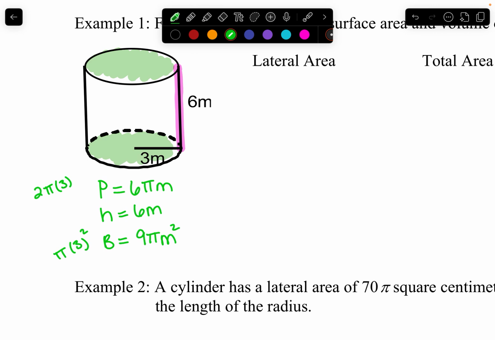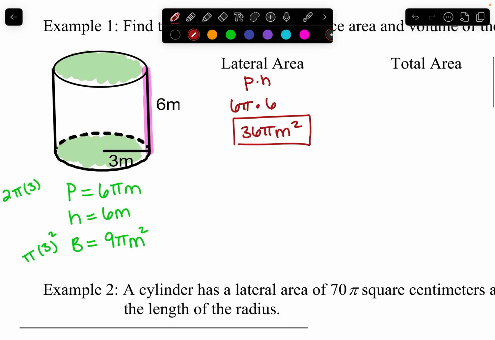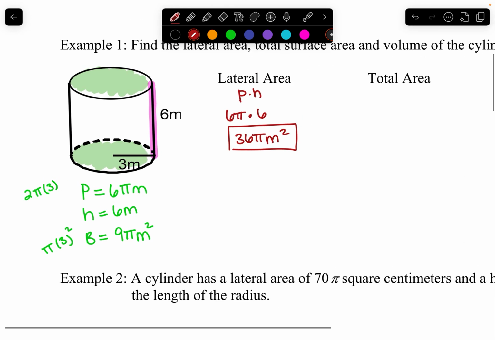So now that we have all that information, we can plug them into our lateral area, surface area, and volume formulas. So lateral area is P times H. P is 6 pi. Height is 6, so this will be 36 pi meters squared. All right, total area is P times H plus, now we've got 2B.